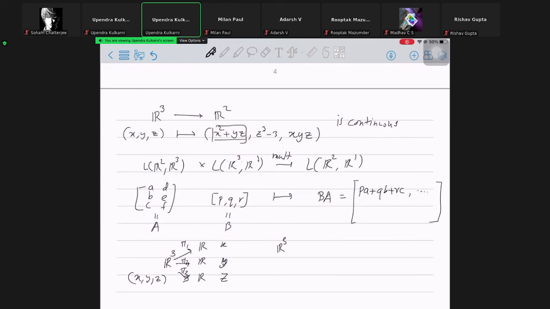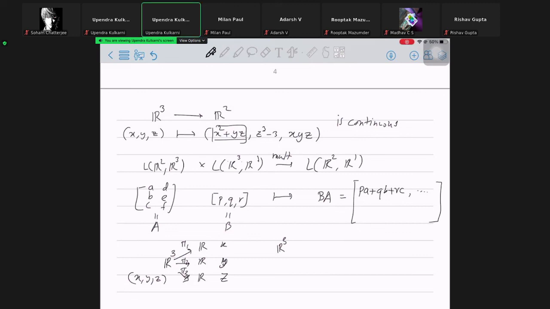I'm trying to really get it down to the least blocks that we have. So are we looking for the map Px, Qy, Rz? I'm just trying to look at this map x square plus yz, for instance. Okay. So how do I do this?